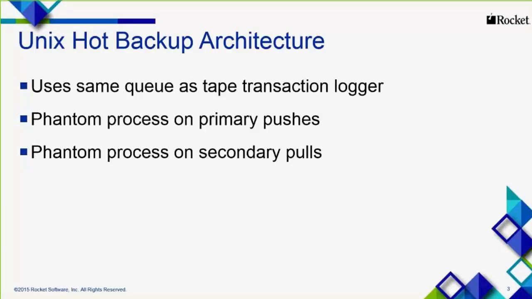The Unix Hot Backup product is, to me, a far superior product, and the reason I say that is because when you're logging your transactions to tape, you kind of just hope everything's there and that the restore is going to go okay. To get your system back up and running, there still is an element where you have to do a restore and apply that transaction log tape.